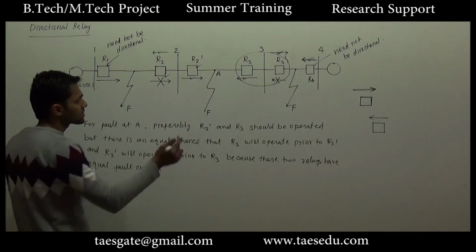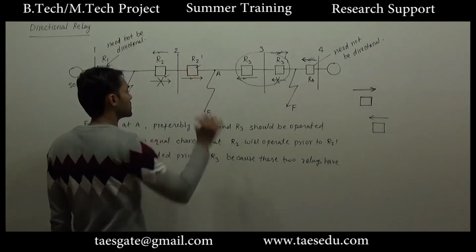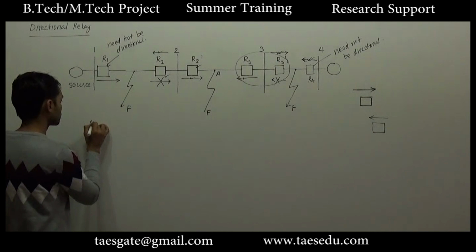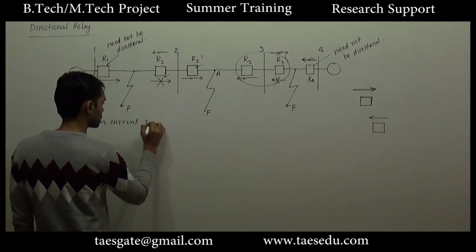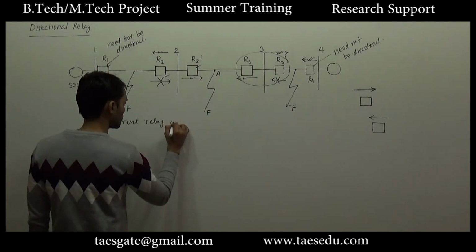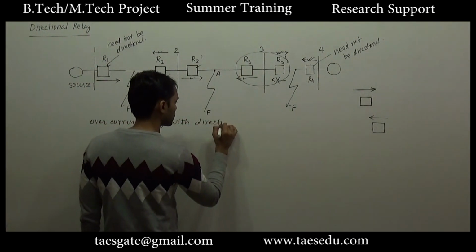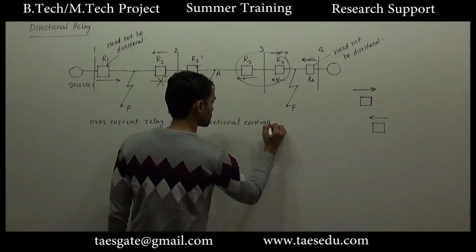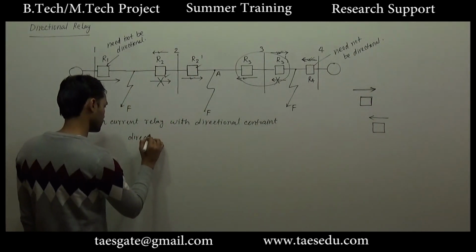So these relays are essentially overcurrent relays with directional constraint. This will be called a directional overcurrent relay.